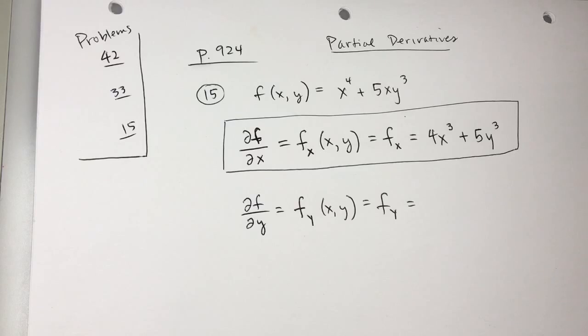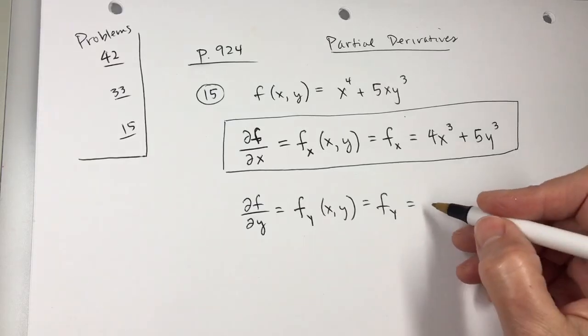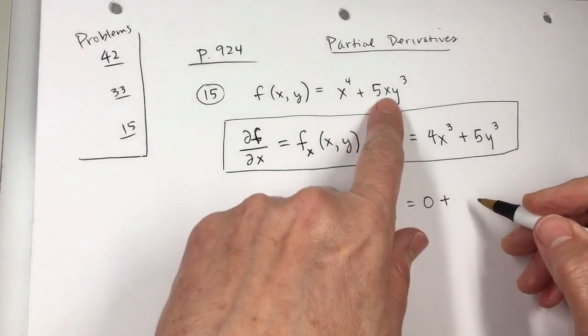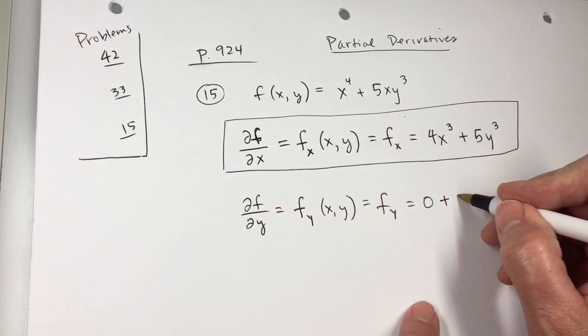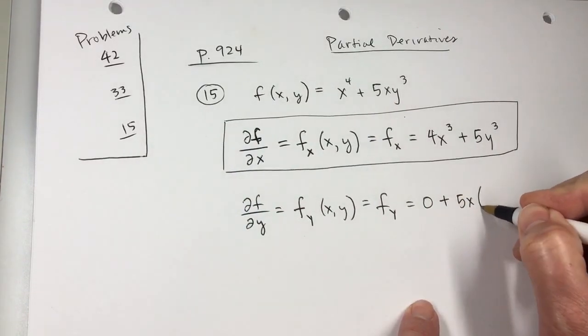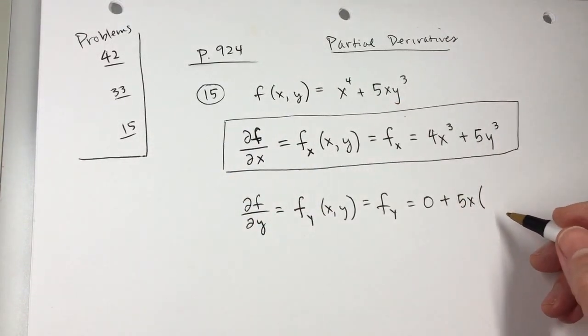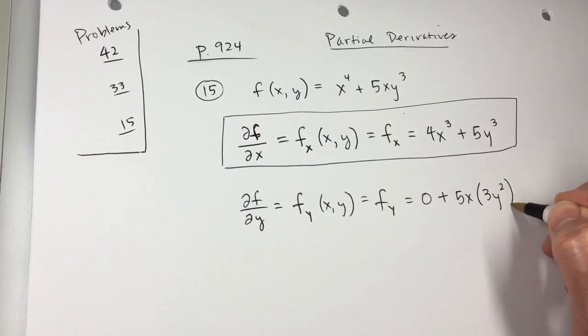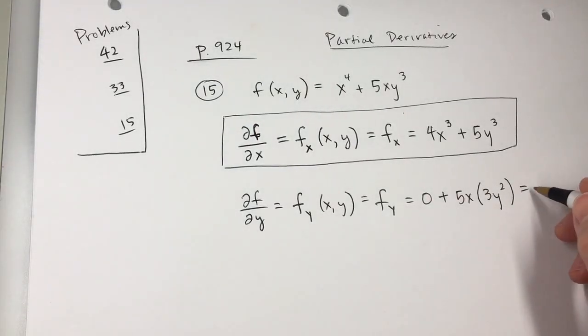So the derivative of x to the fourth would be 0 because it's a constant. And then plus, now 5x is a constant, so I'll keep the 5x because I have the derivative of y to the third, and that's going to be 3y squared. And if you clean this up a little bit, that's just 15xy squared.